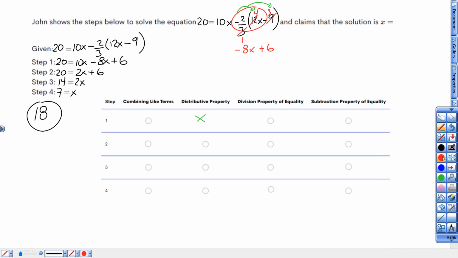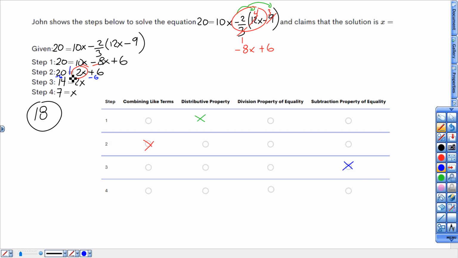Next, I'm combining like terms. That 10x minus 8x, that's where I'm getting that 2x. That is combining like terms. And then what I'm doing there to eliminate that 6, I'm doing inverse operations. I'm taking away 6 on both sides. We're calling this the subtraction property of equality, doing minus 6 on both sides of my equation, keeping it balanced.